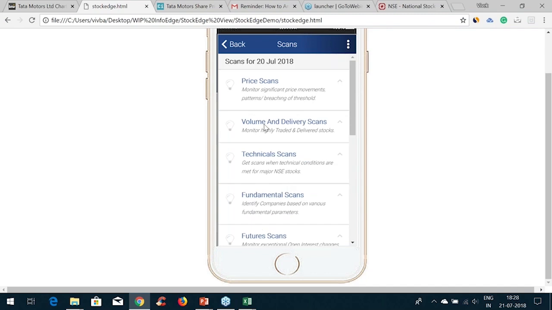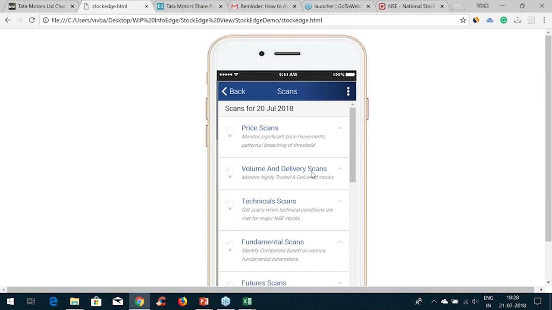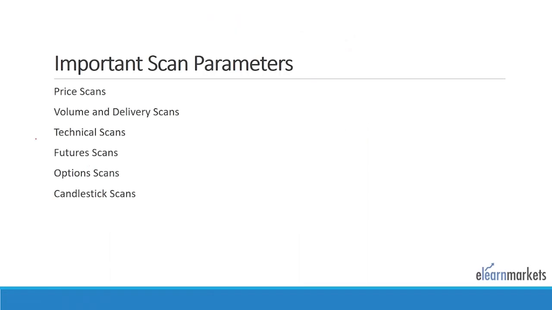So you have a lot of scans available, and you should use these scans to find stocks which can have the propensity for price breakouts in the near future. From a derivative perspective, the scans you will be using will be a combination of future scan, volume and delivery scan, technical scan, and price scans.